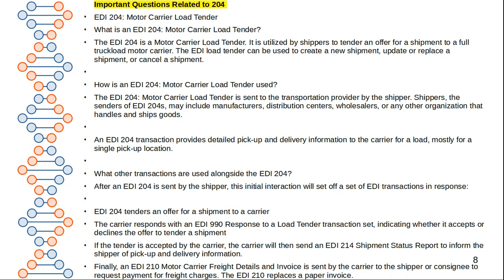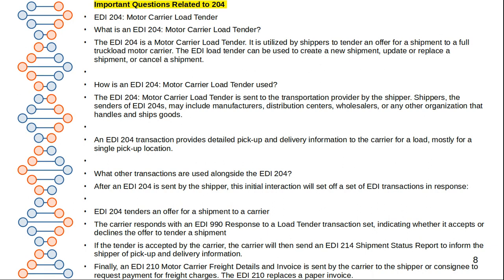It's utilized by shippers to tender an offer for a shipment to a full truckload motor carrier. The EDI load tender can be used to create a new shipment, update or replace a shipment, or cancel a shipment. How is an EDI 204 motor carrier load tender used? It is sent to a transportation provider by a shipper.